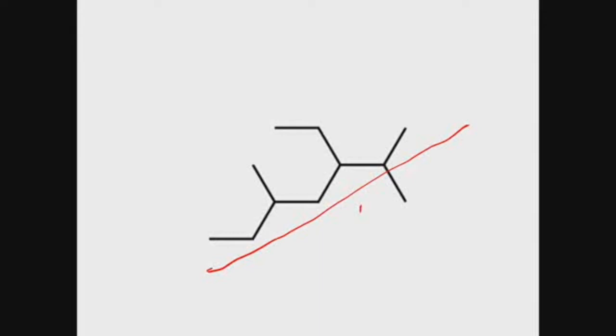Like I said earlier, the one that has more functional groups attached to it. If you look closely now, you see that it's this one that has the most functional groups attached to it. We have 1, we have 2, we have 3.